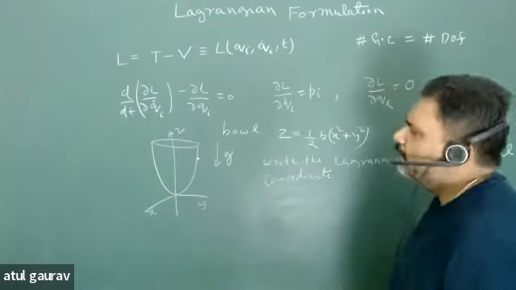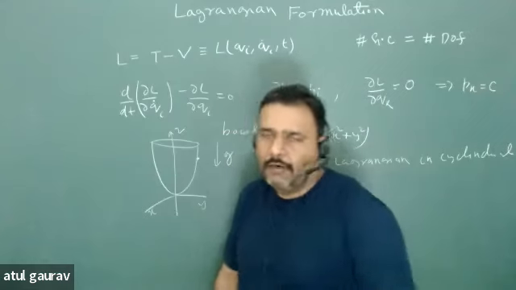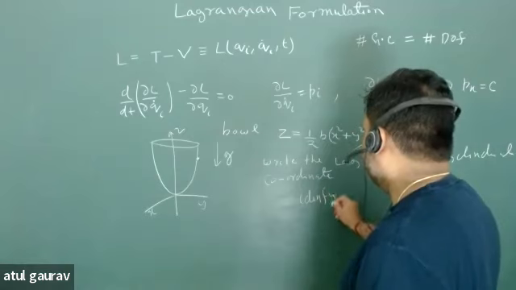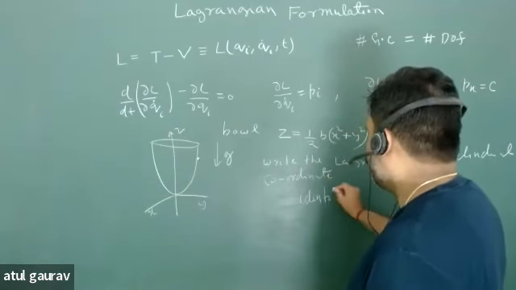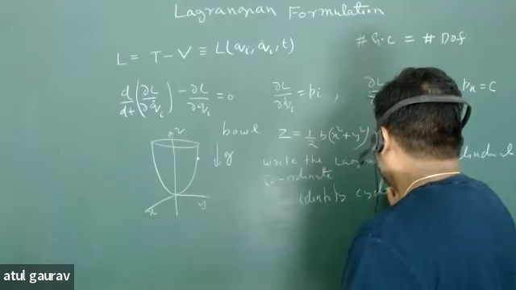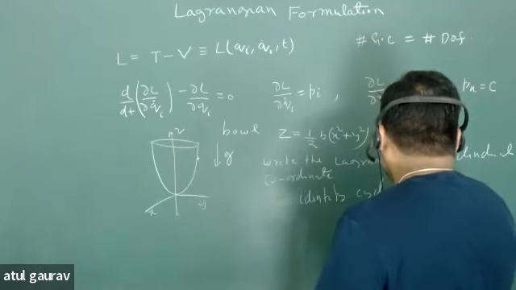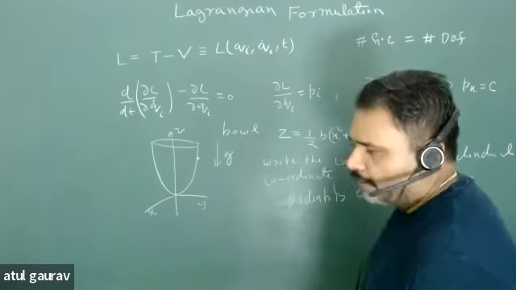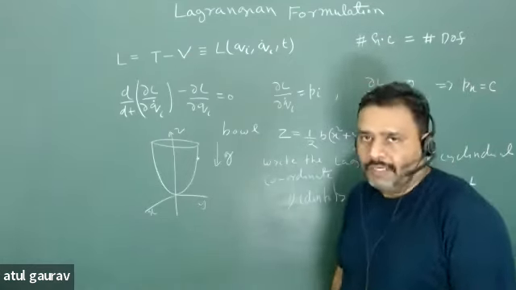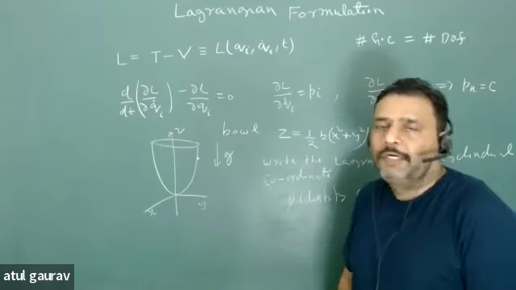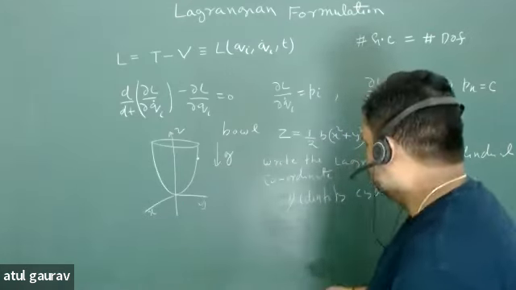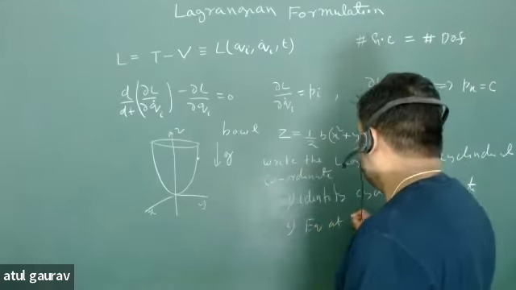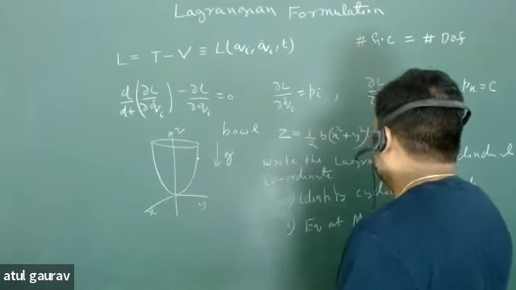Once we write the Lagrangian, we have to identify the cyclic coordinate, if there is any. And once we identify the cyclic coordinate, we can always talk about conservation of momentum. Let's see whether linear momentum is conserved or angular momentum is conserved. And then we have to go for the equation of motion. Okay, let's go for this.